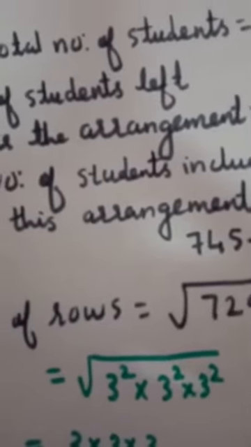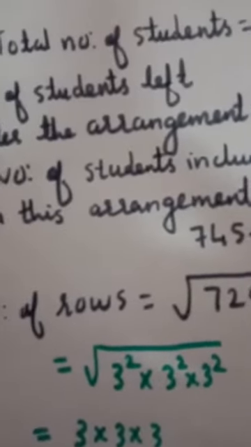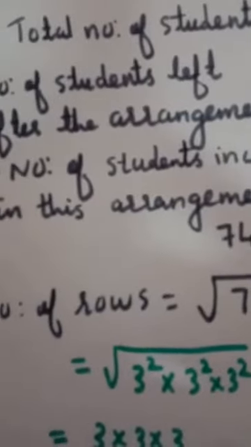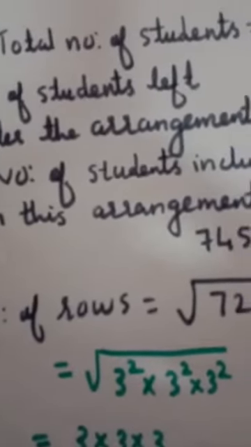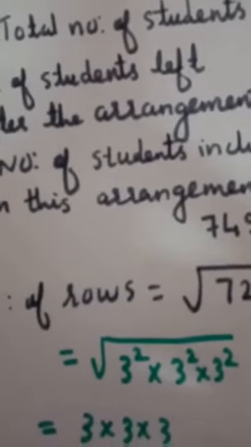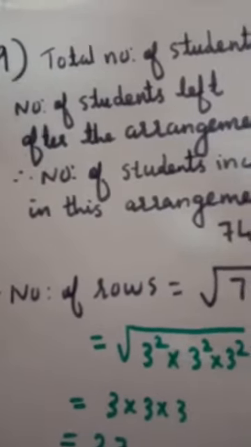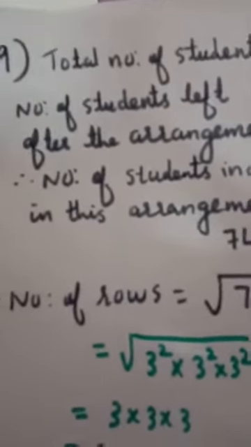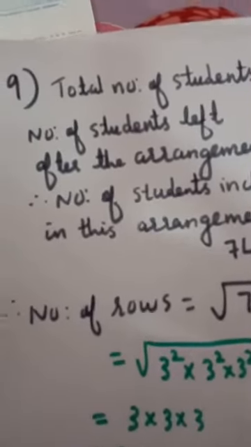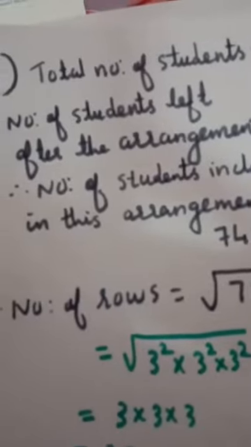This question: every day he spent as many rupees as the number of days he had been on tour. So a particular number into that number gives 1296 rupees. So here you directly find the square root of 1296. Eighth question, very simple.